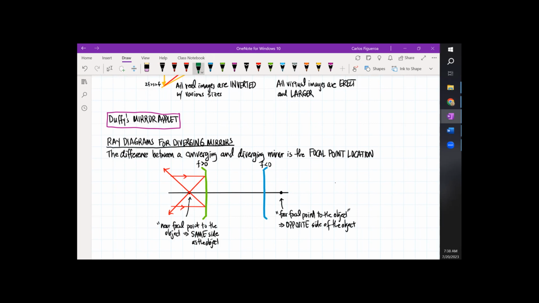So in this situation, if I have this one, we know that it's going to be diverging. So when we do our ray diagrams, they have to come through that focal point, right? So when you're drawing them, this is what you got to pay attention to, just like we did with the diverging lenses.